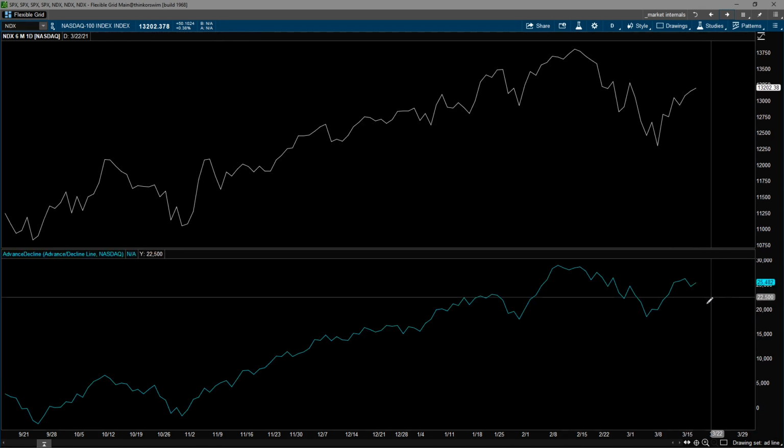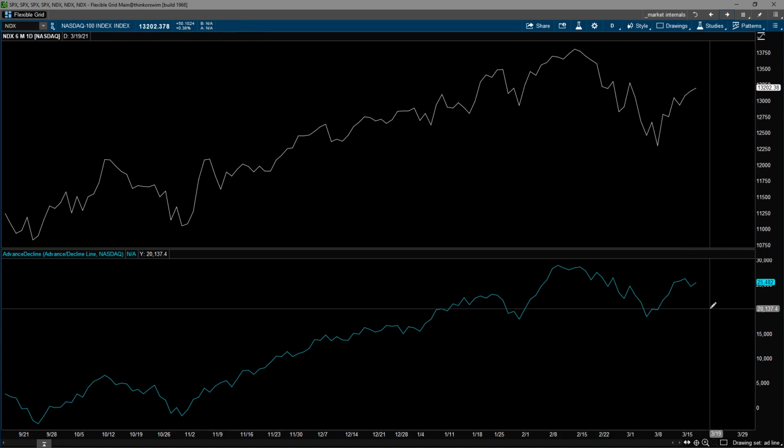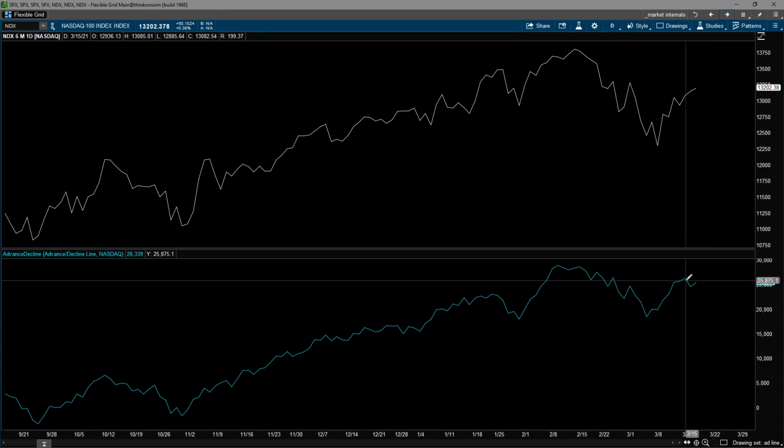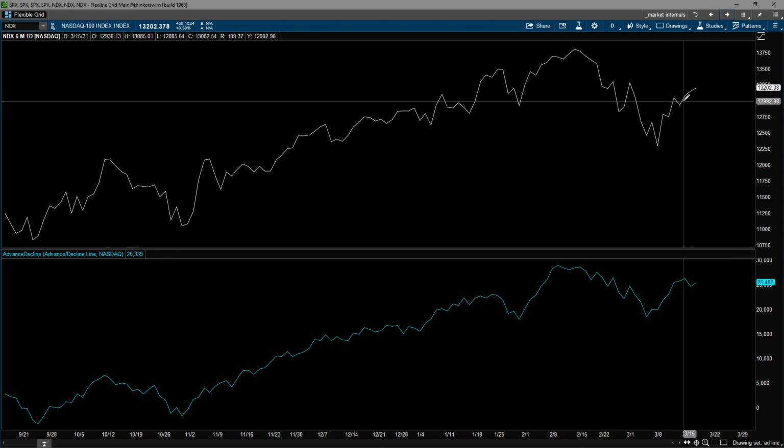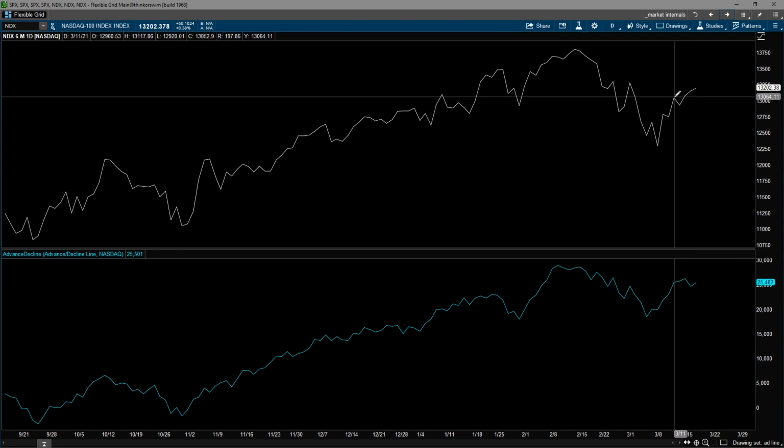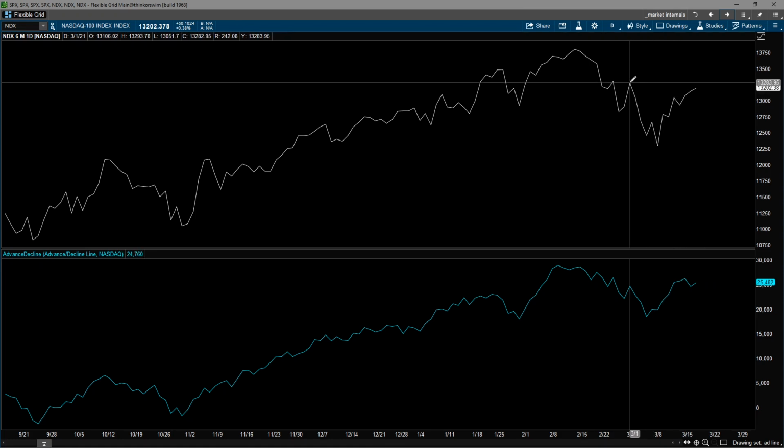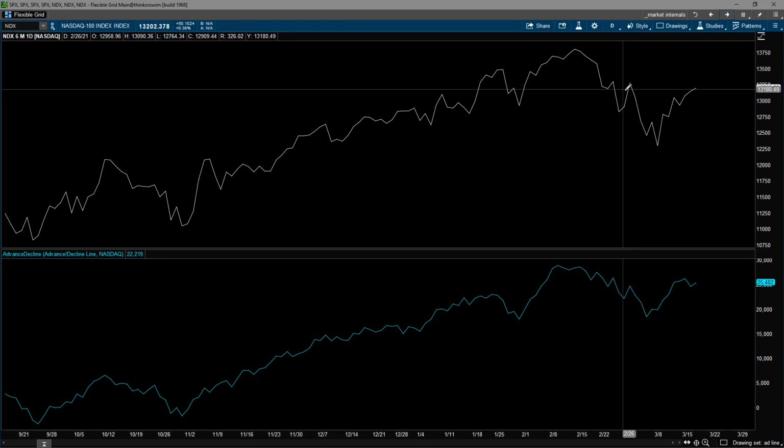Then again, the cumulative advance decline, similar to the New York Stock Exchange, got a little bit soft. It did not close out by taking out the prior pivot high, while the NASDAQ 100 took out the previous pivot high but is still having a little problem coming up to this high here. So that's the pivot we probably need to pay more attention to in the coming days, to see how the NASDAQ handles getting above this high.